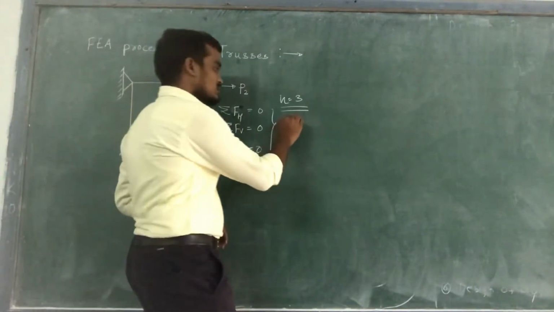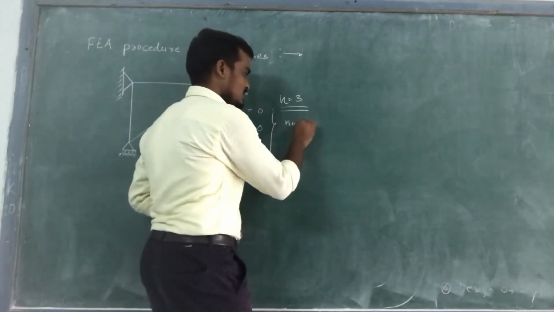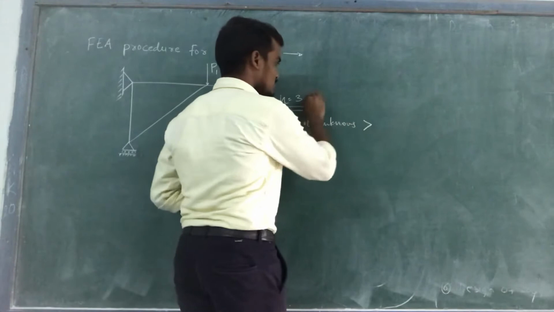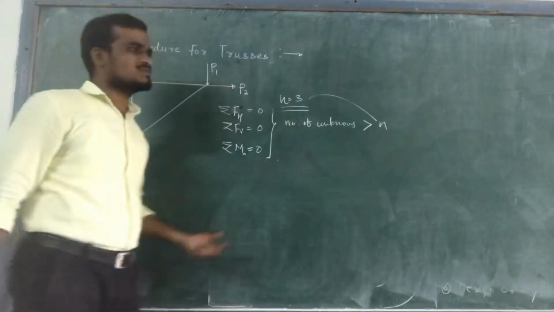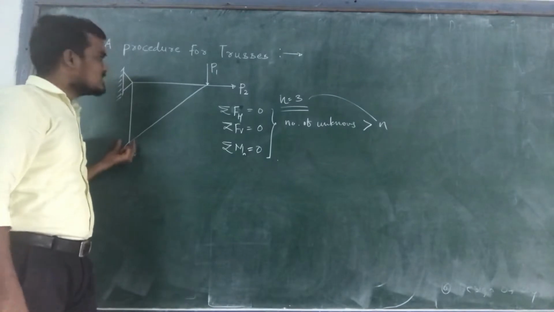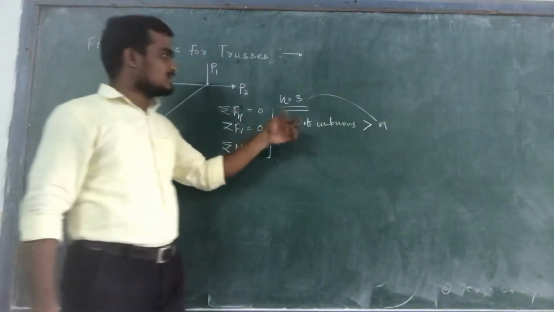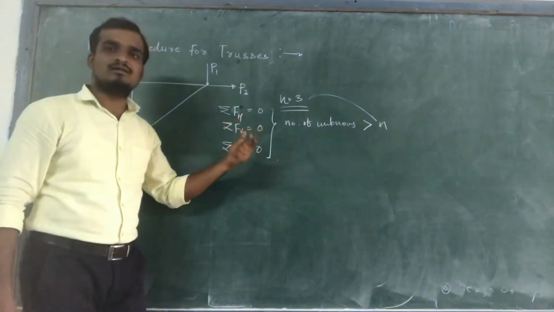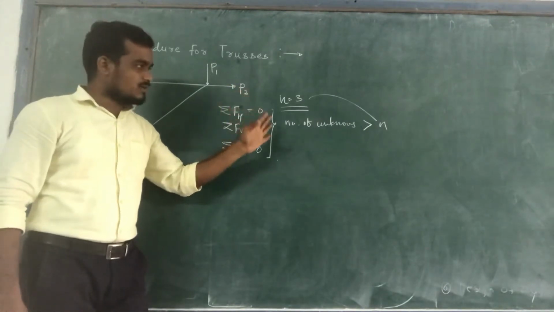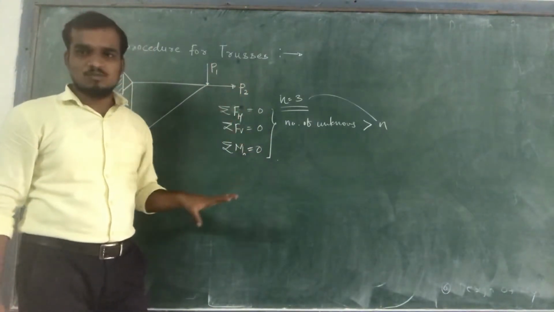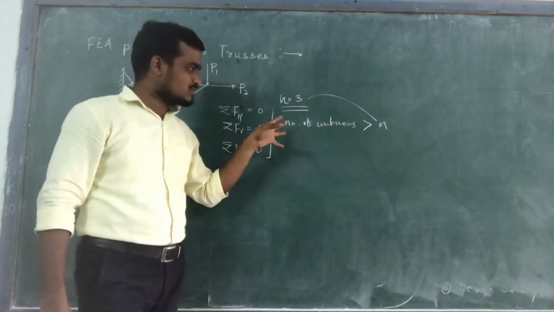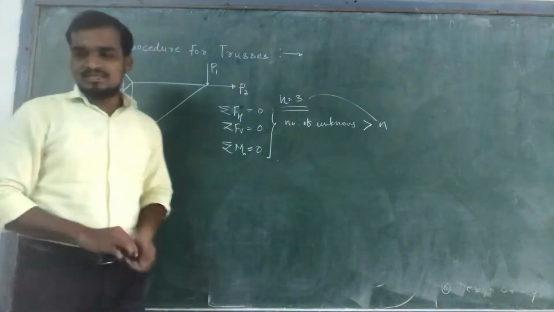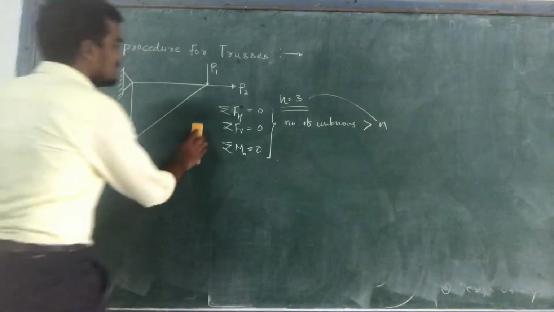And if the number of unknowns is greater than the number of equilibrium equations, then you call such a structure an indeterminate structure. Number of unknowns means reactions and displacements. You have studied these concepts in your strength of materials theory, or you can study them in your first year mechanics.